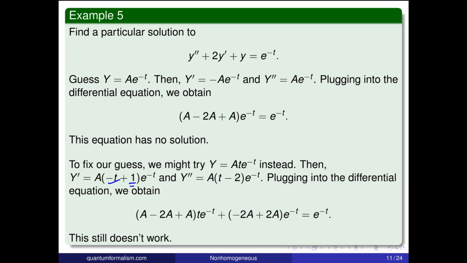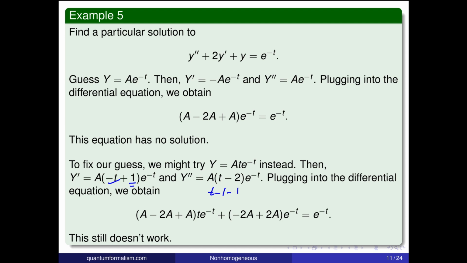So it'll be positive t minus 1 e to the minus t in that case. And taking the derivative of the stuff in parentheses, that's just minus 1 times e to the minus t. So we have t minus 1 times e to the minus t, or in other words, t minus 2 times e to the minus t.